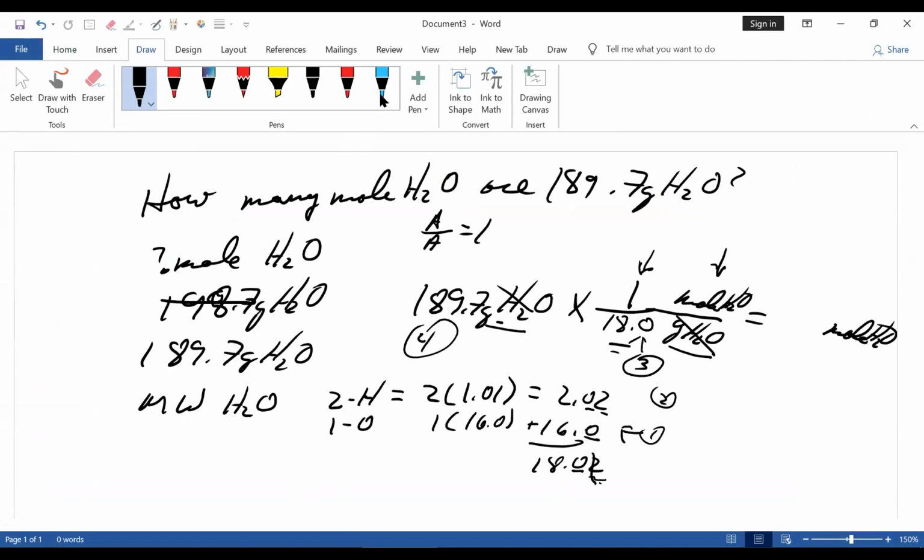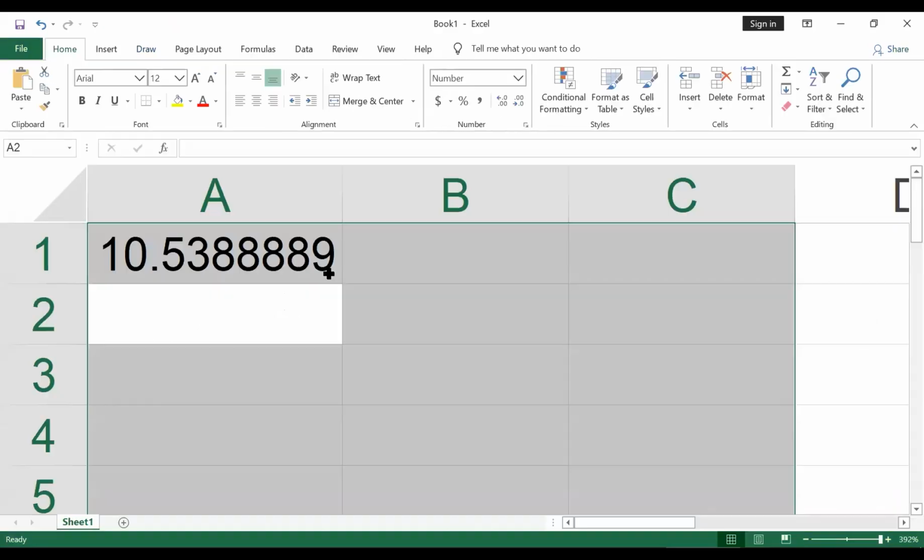So let's go back. I'll let you round that off to 3 significant figures. Oh, that's good. And the answer is times up at 10.5 moles. Keep the 1, keep the 0. It's significant because it's confined.